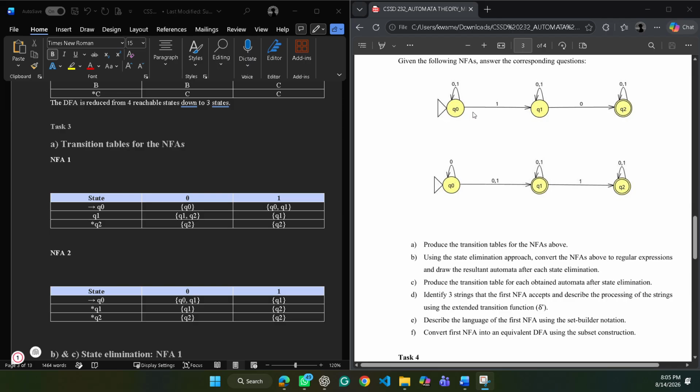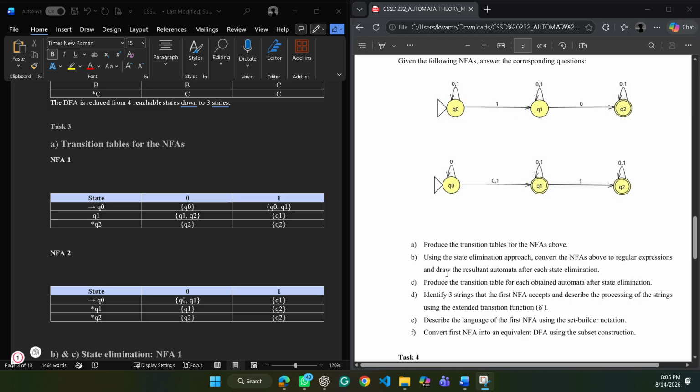This arrow pointing to Q0 tells us that Q0 is the start state. Then we look to see where the double circle is, and we can see that it's on Q2. So Q2 is the accepting state.